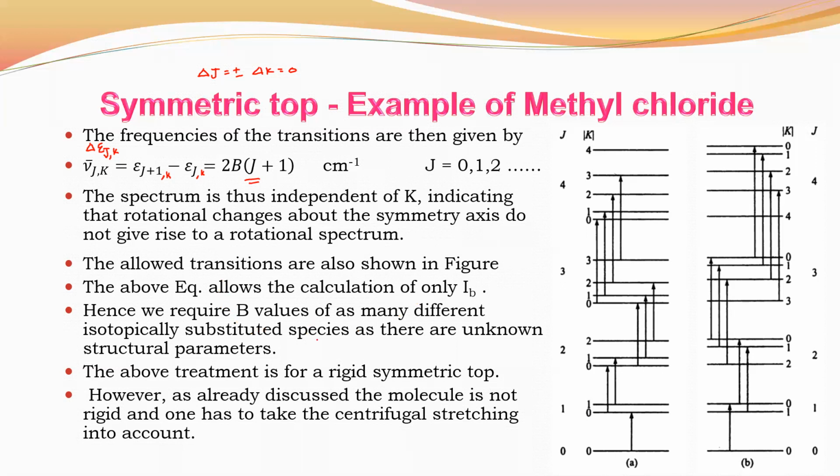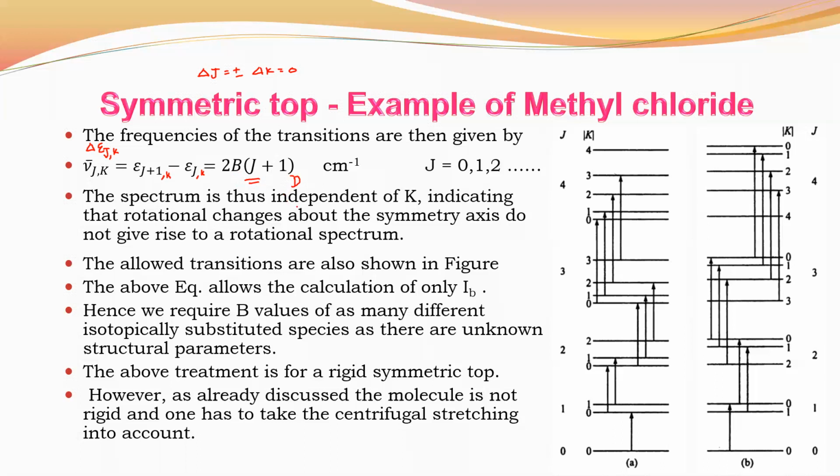When we analyze this, we take only the rotational constant term. Okay, when we introduce the centrifugal distortion, the capital D value, we know that D is the centrifugal distortion constant, because the molecule is not rigid, it is elastic.